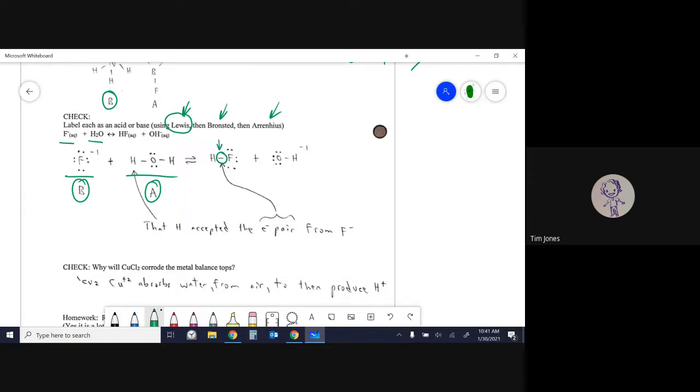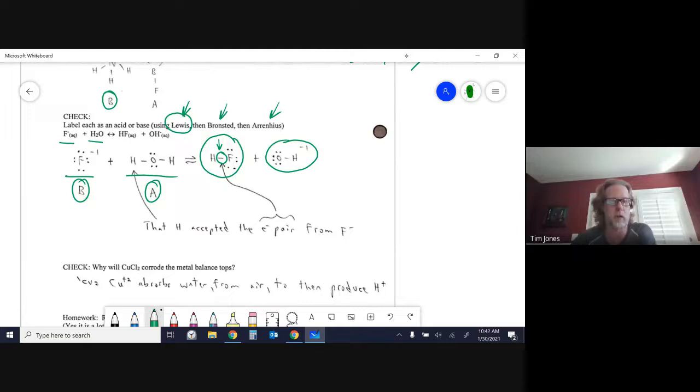I just randomly picked that one, making this. The water, after losing the H plus, becomes hydroxide. If I asked for you to label it, this would be the conjugate acid. This would be the conjugate base. But that's really not being asked in this problem, so I'll just get rid of that. And so the way I've drawn it with Lewis structures, you can see how it fits the Lewis definition.